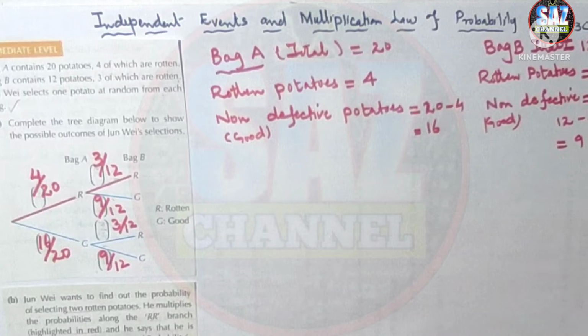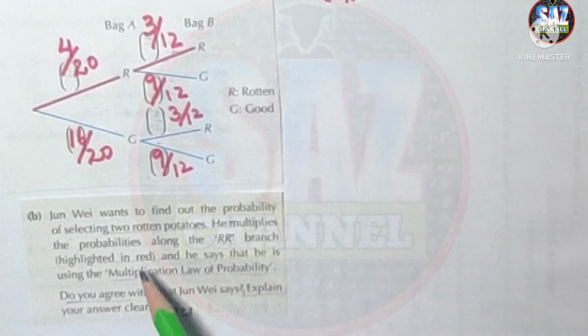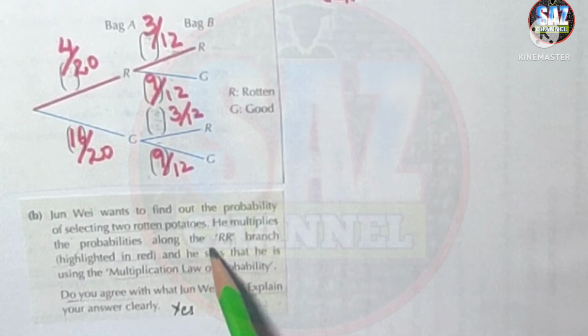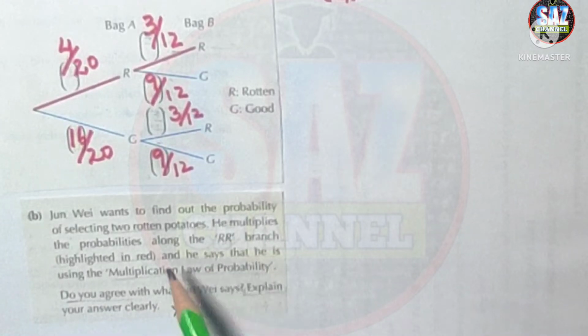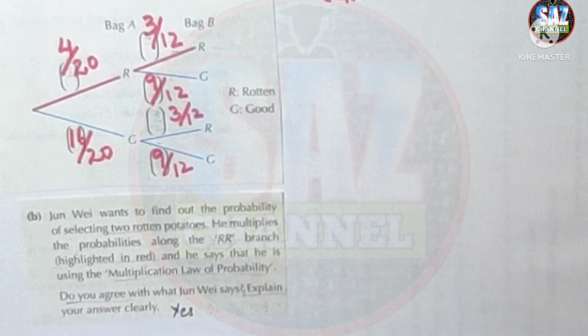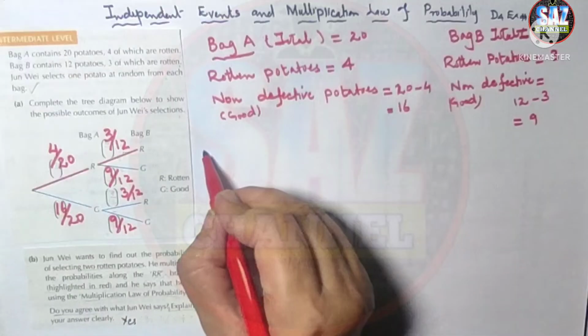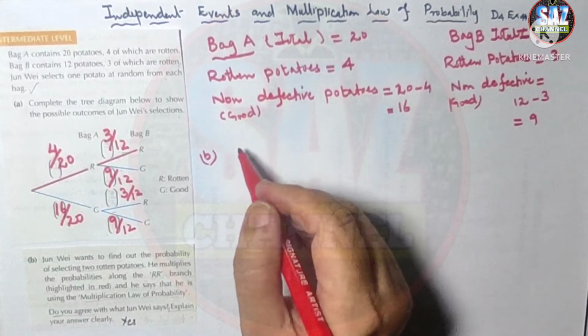So, coming to the second part, he can multiply the probabilities along the RR branch, and he is right to say that he is using the multiplication law of probability. So, for the second part, the answer is yes.